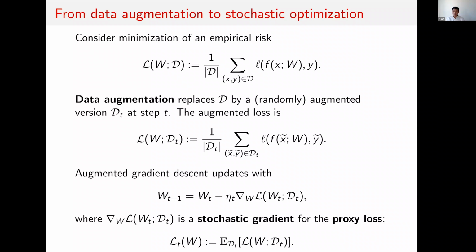And I want to view those gradients as stochastic gradients of what we call the proxy loss, namely the expectation over the randomness of the augmentation procedure of this augmented loss. So from this perspective, a step of augmented gradient descent is simply a single step of some stochastic optimization algorithm for minimization of the proxy loss.